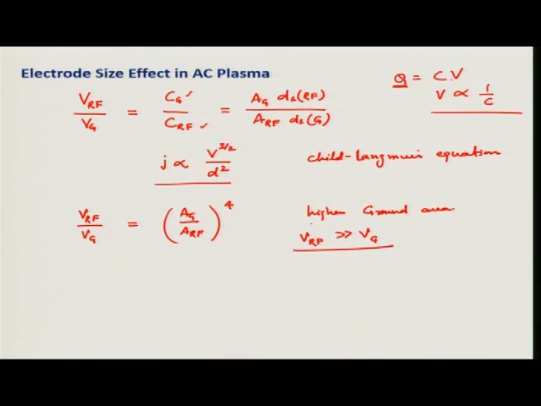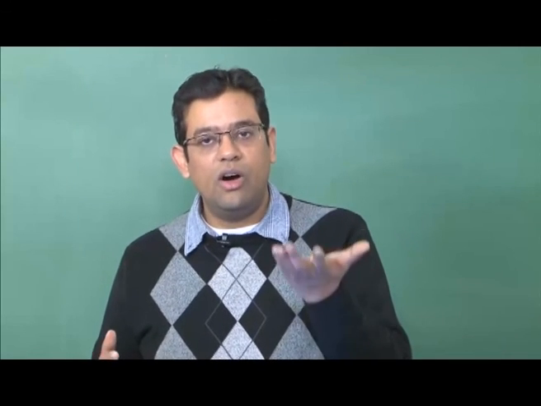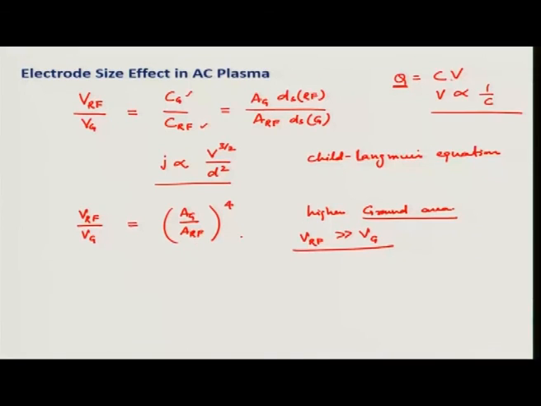So, all the potential drop would be at the RF electrode. This way we can make sure that not only the electrode, but the entire chamber is grounded with respect to the RF electrode. So, we can make the entire chamber the ground electrode and have just one electrode on which we apply our RF potential. Because Ag is very high, our Vrf would be much higher.